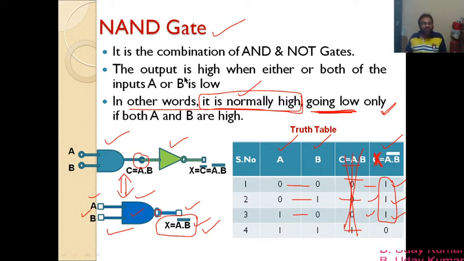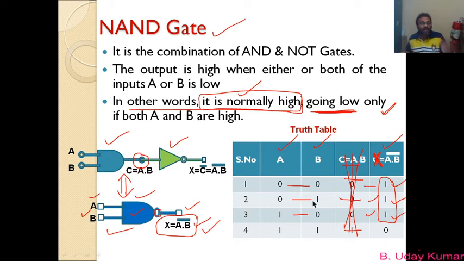Now coming to this definition: the output is high when either or both of the inputs A or B is low. Can you understand? Now coming to these 3 cases, the output of the NAND gate is high. For the case of 0 and 0, the output is high. For the case of 0 and 1, the output is high. And even for the case of 1 and 0, the output is high.